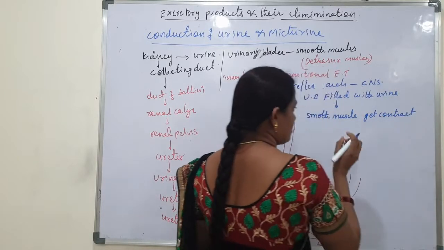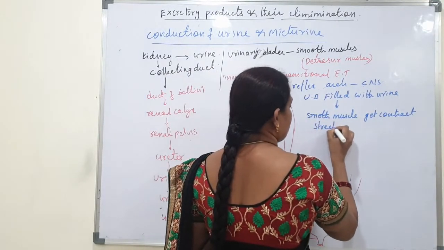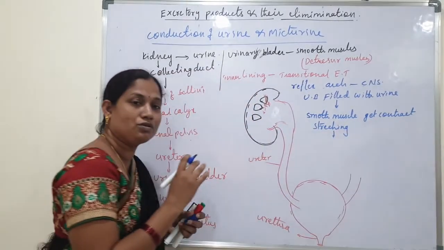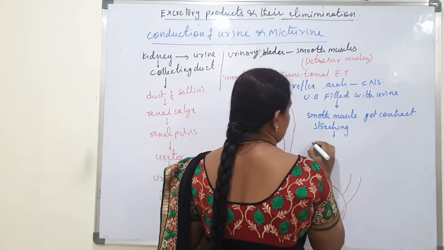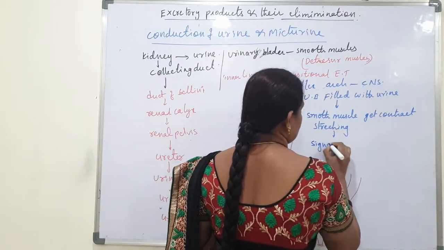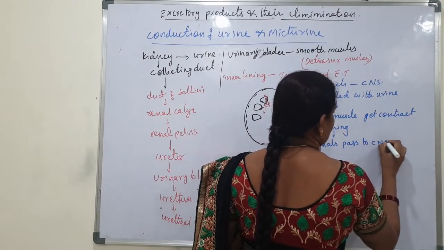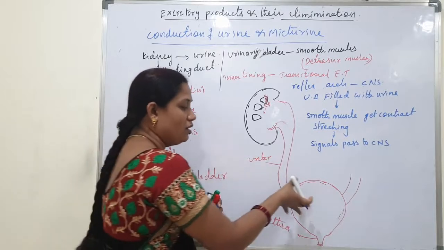As the urinary bladder stretches, due to that stretching, signals pass to the CNS. When some stretching and contraction takes place in the urinary bladder, that information passes to the CNS.